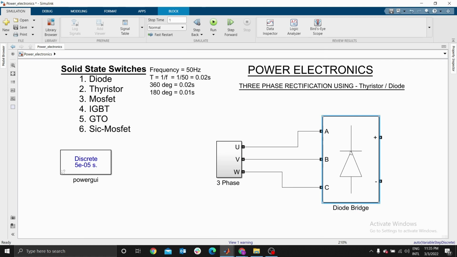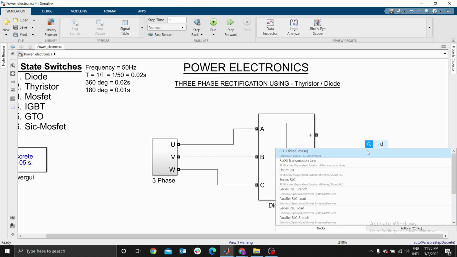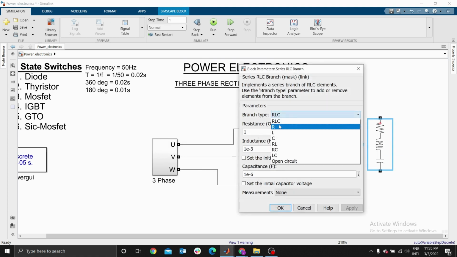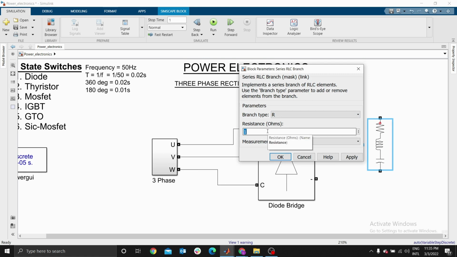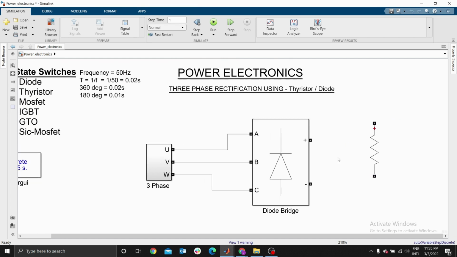Then we need a load on this side. I'm using a branch. Double click, use R only. You can use 440 divided by maybe 10 for my current. You can use any value.